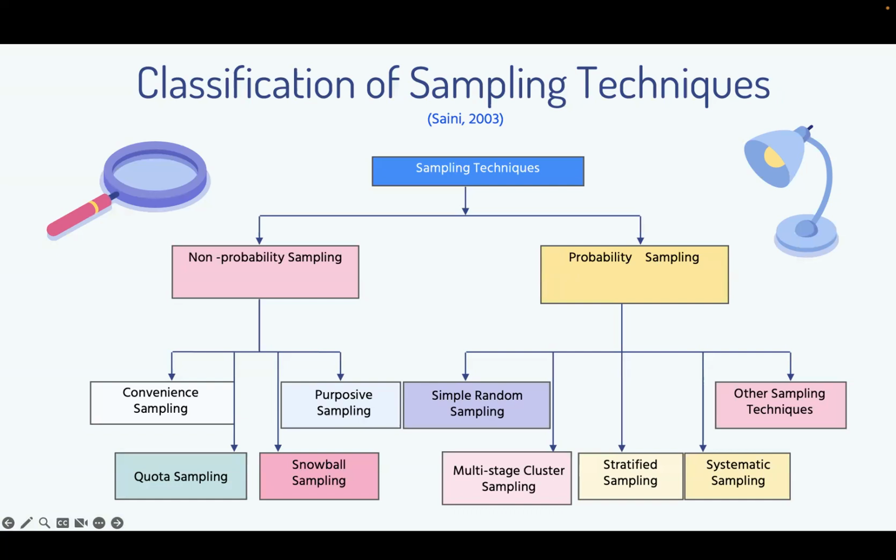In comparison, with non-probability sampling, population elements are selected on the basis of their availability, for example, they volunteered, or because of the researcher's personal judgment that they are representative. The consequence is that an unknown portion of the population is excluded. For example, those who did not volunteer will be excluded.